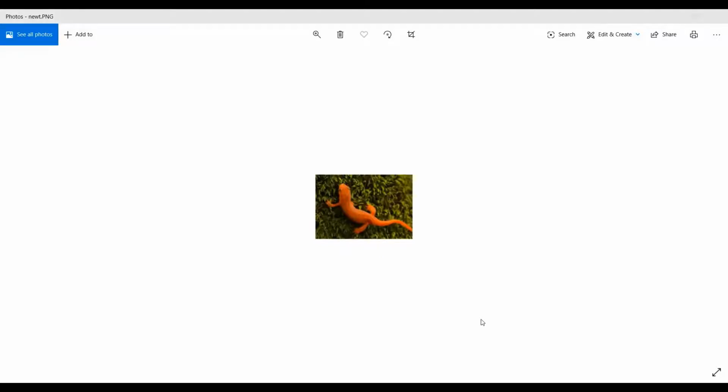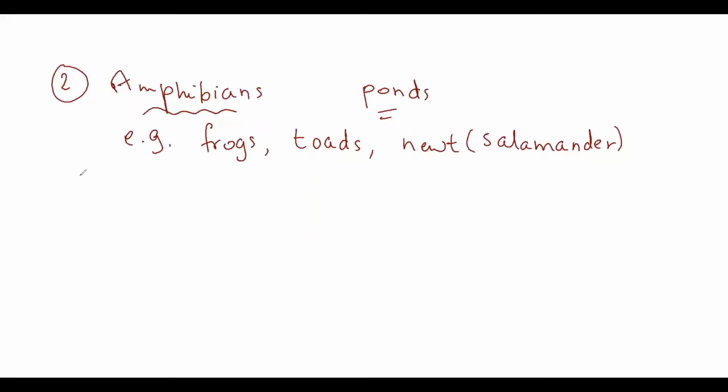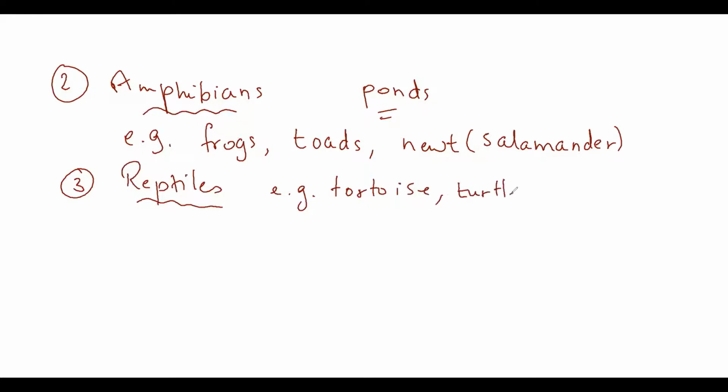Let's go to the next class, which is class Reptilia or reptiles. This is the next class, and I'll give you examples for reptiles. We have, for example, the tortoise and the turtle. What's the difference between both? Who knows what's the difference between a tortoise and a turtle?